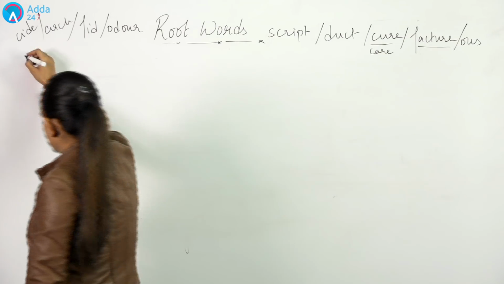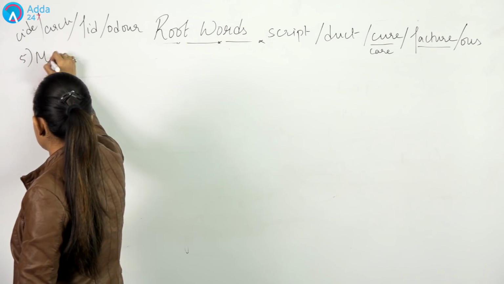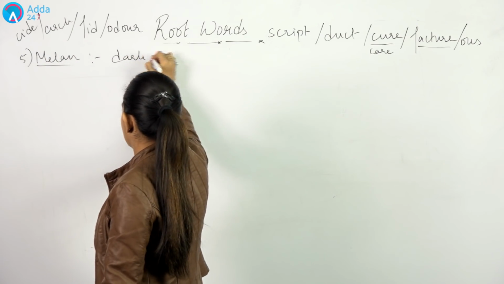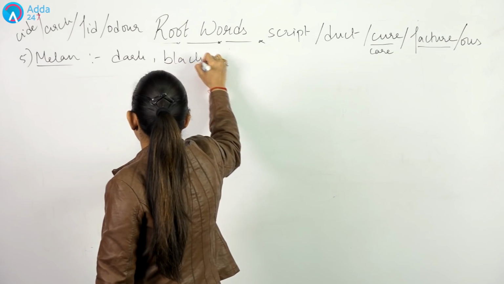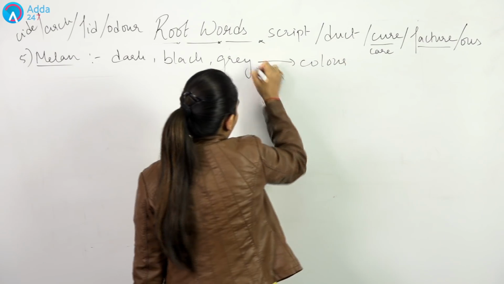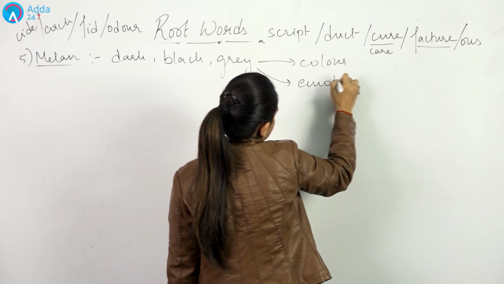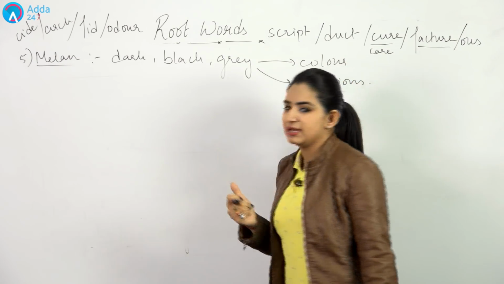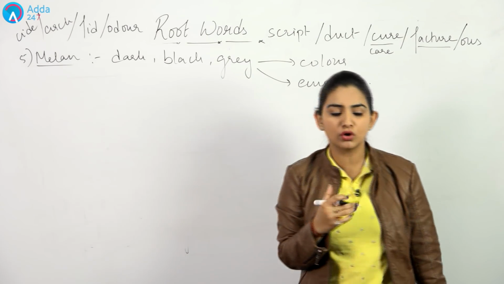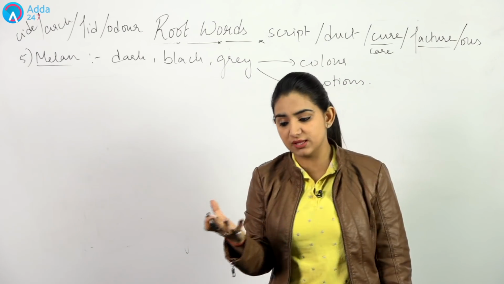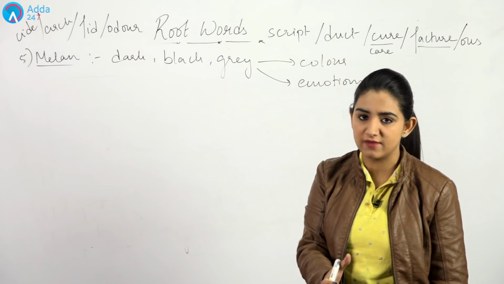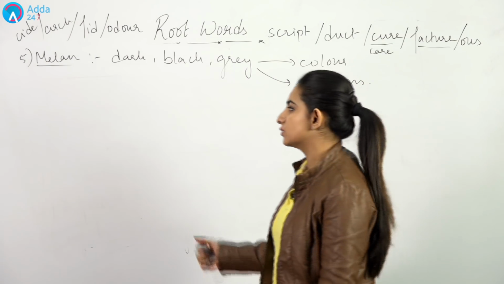Now, the next word that we have here is M-E-L-A-N, melan, which defines being dark, which defines being black or grey. See, it can either talk about the color or it can talk about the emotions as well. When I say melan as emotions, that means something of dark emotions. When you don't want to talk to somebody, when something dark is happening in your life, something very emotional is happening in your life, and that's really bad, then we use the word melan.